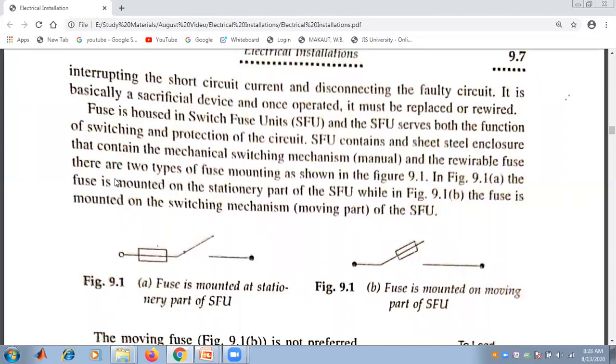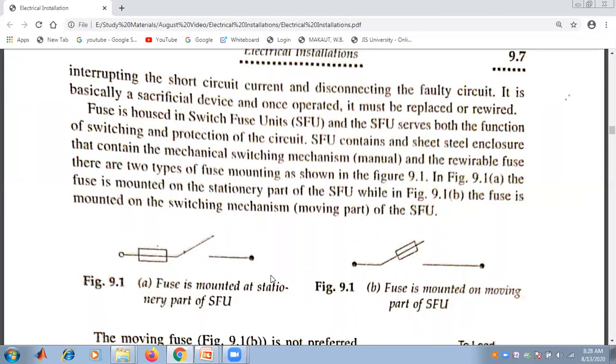There are two types: in the first, the fuse is mounted at the stationary part of the SFU, and in the second, the fuse is mounted on the moving part of the SFU.